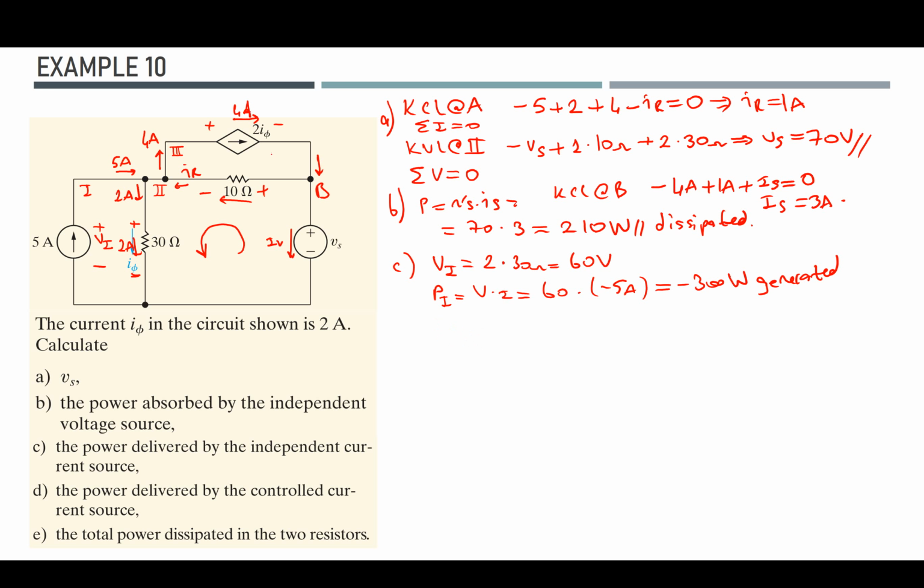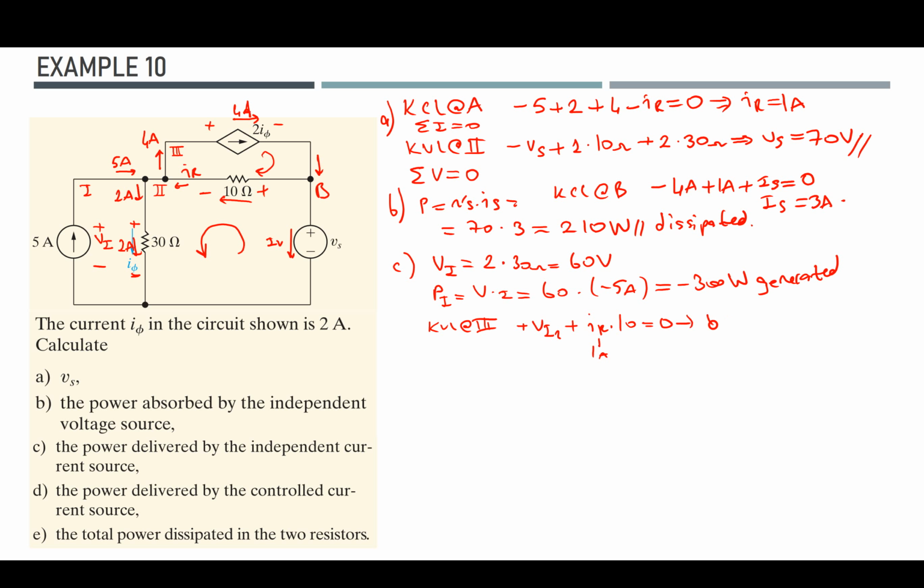So if I rotate clockwise in those loops, let's say I have KVL at 3, so I will have plus voltage source VI2 plus IR times 10 ohm, which, since I know that this is 1 amp, is going to be 0.